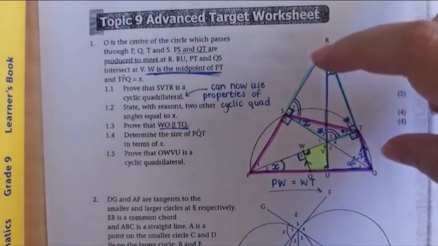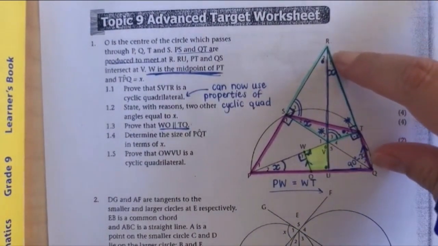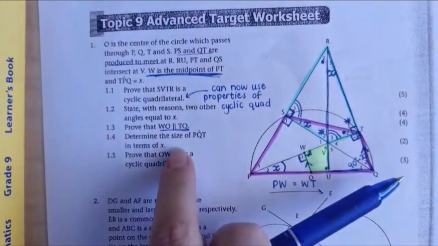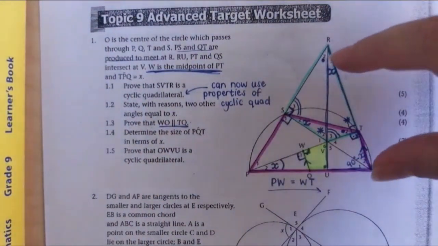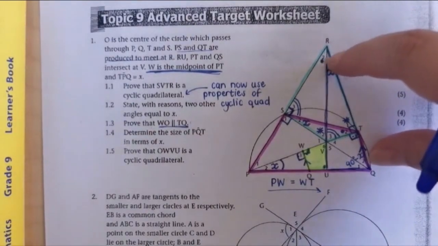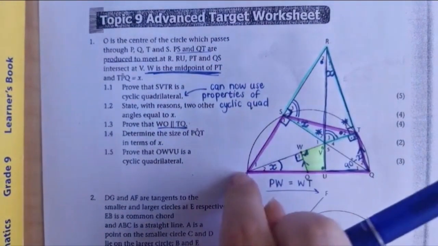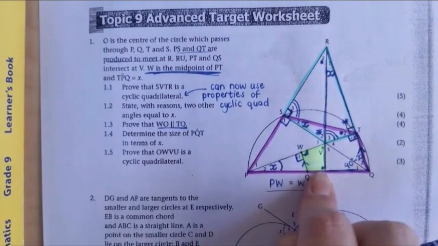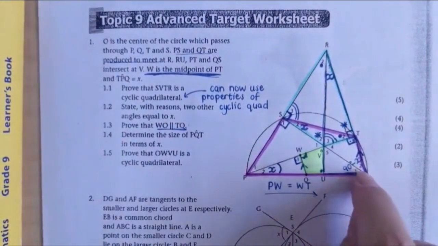So if I add these two angles together, x and 90 minus x, which is what we found in 1.4 and I'm now using in 1.5, it should give me the exterior angle, which is RUP. And isn't that great? Because RUP is then equal to x plus 90 minus x, which is 90 degrees.